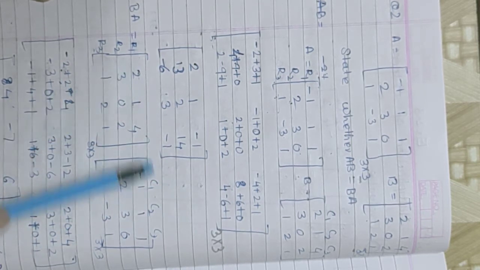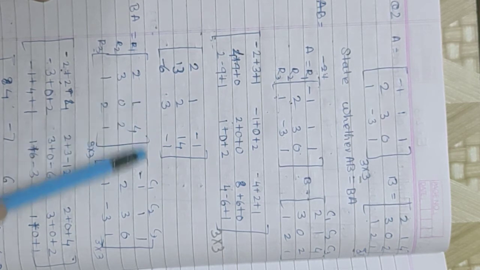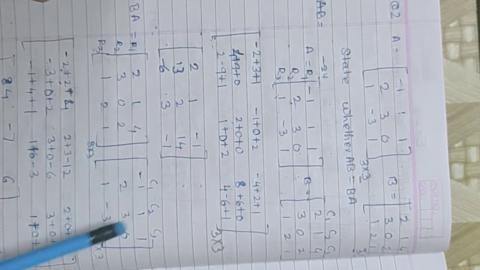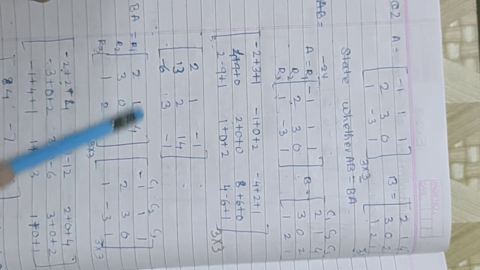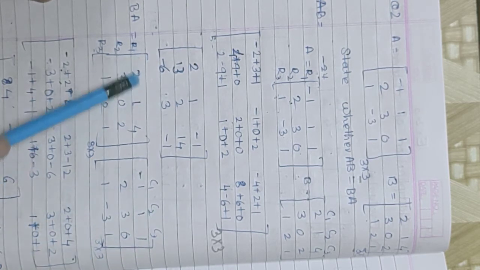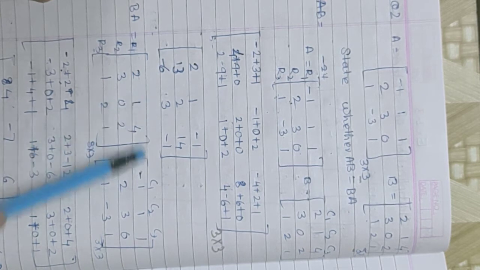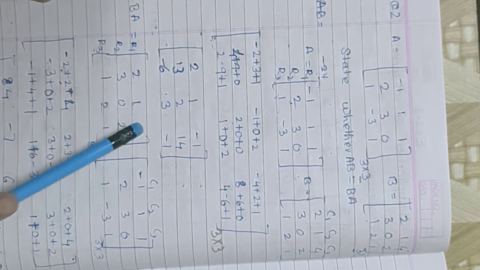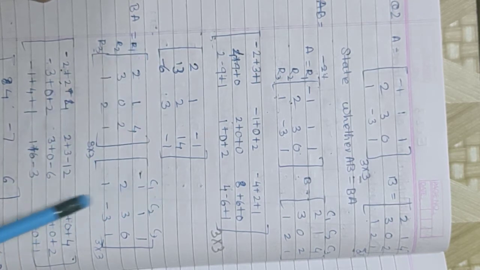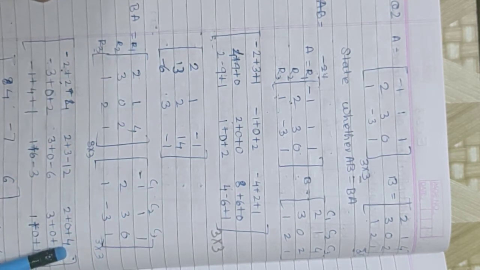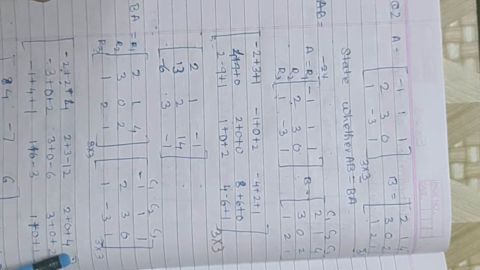Now second: 2 into 1, 2; 1 into 3, 3; 4 into minus 3, minus 12. Now second column completed. So first row, third column: 2 into 1, 2; 1 into 0, 0; 4 into 1, 4. So we have completed first row with all the columns, and we have written it in the first row.